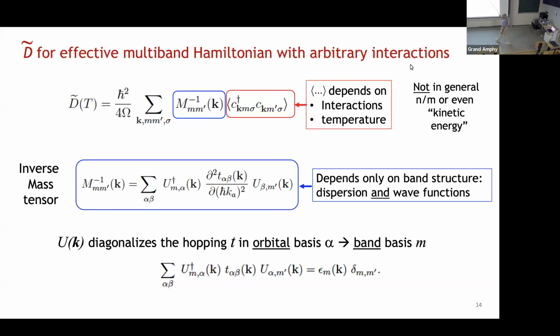But it turns out to be a density matrix times an inverse mass matrix. You give me the band structure, I can calculate the inverse mass matrix. But we have to remember that this expectation value depends on trace e to the minus beta fully interacting Hamiltonian. So it depends in principle on interactions and temperature.